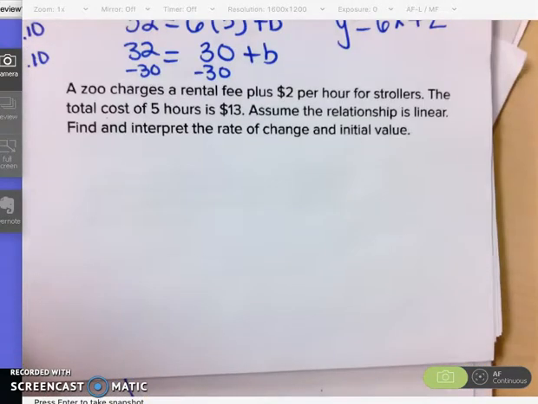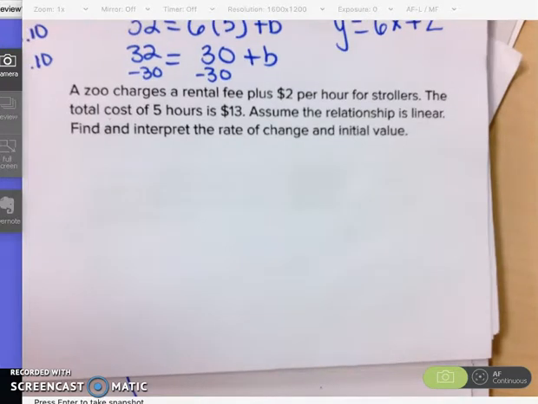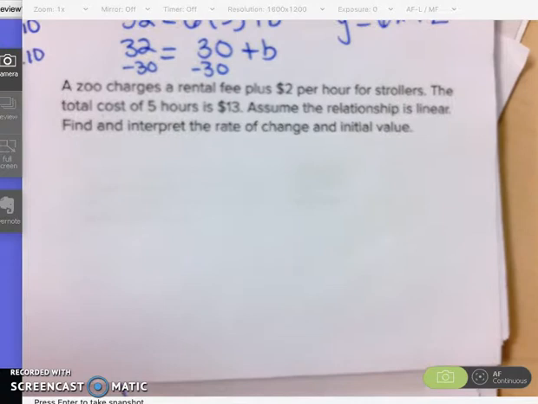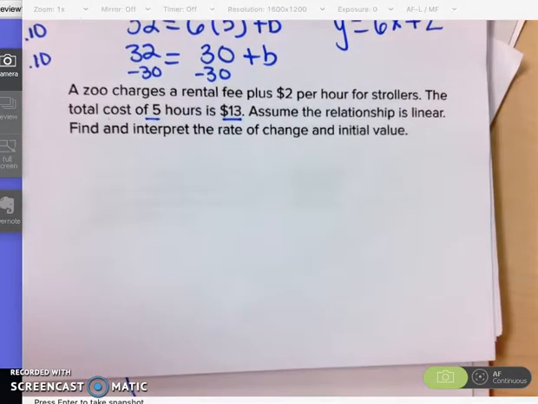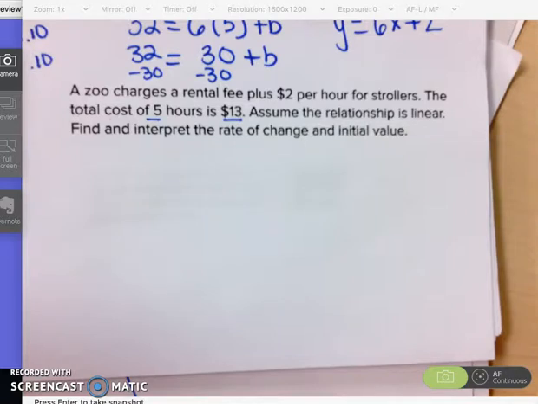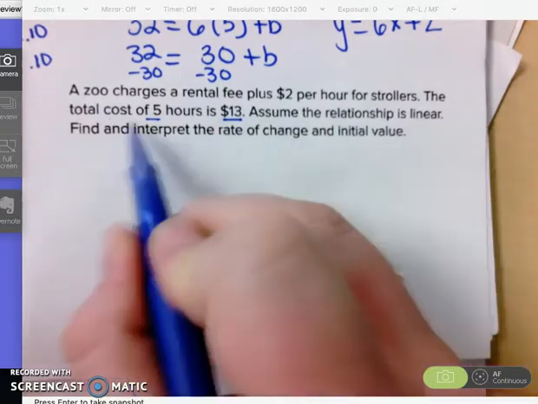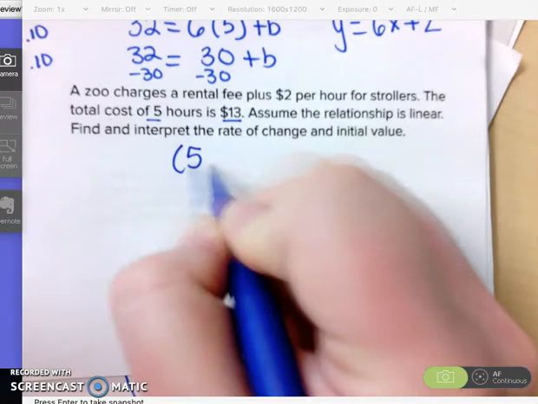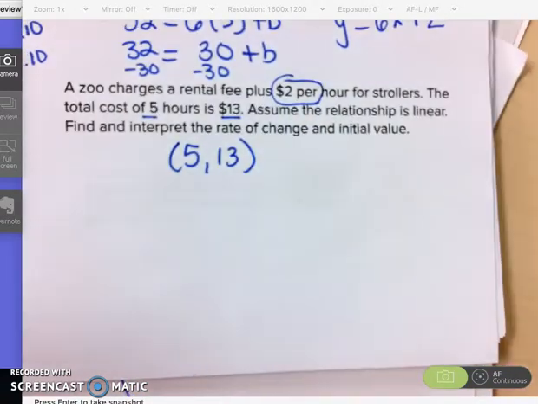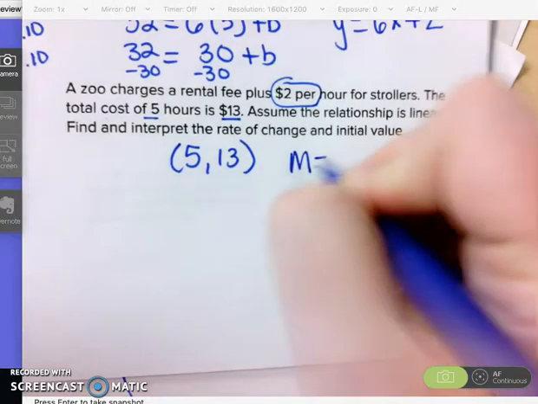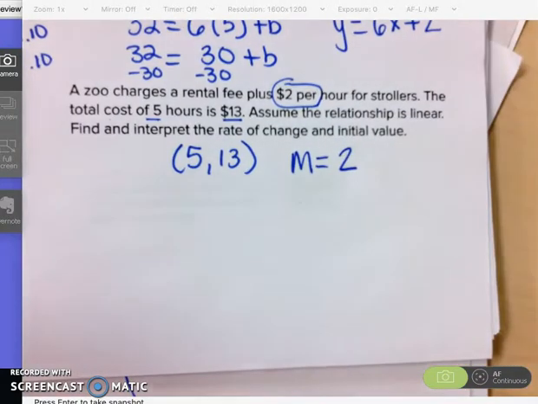A zoo charges a rental fee plus $2 per hour for strollers. The total cost of 5 hours is $13. Assume the relationship is linear. Find and interpret the rate of change and the initial value. They give you an ordered pair, 5 hours, $13. They also give you that $2 per hour, so they give you the m, or the slope, or the rate of change.